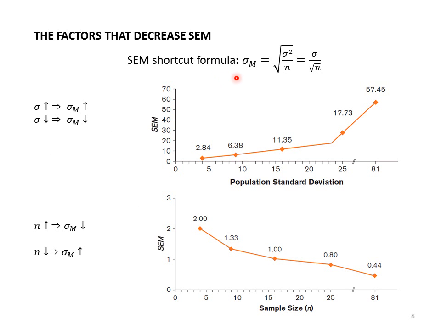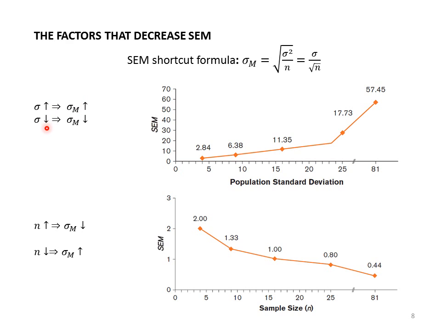This is the shortcut formula for standard error of the mean. The numerator is the standard deviation of the population, and the denominator is the square root of the sample size. Apparently, these are the 2 factors that affect the standard error of the mean. The numerator and the standard error of the mean are positively related, which means when one goes up, the other one goes up.